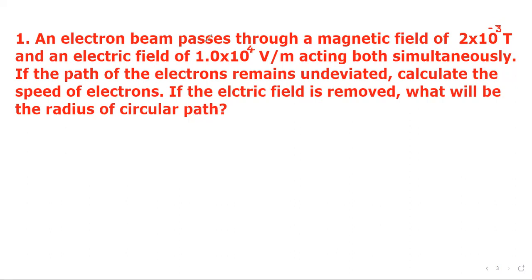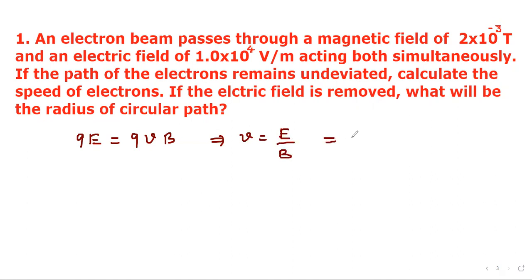So now let's understand its solution. We know that for an undeflected beam, meaning an undeviated beam, QE must be equal to QVB, or V equal to E upon B. We put the values.